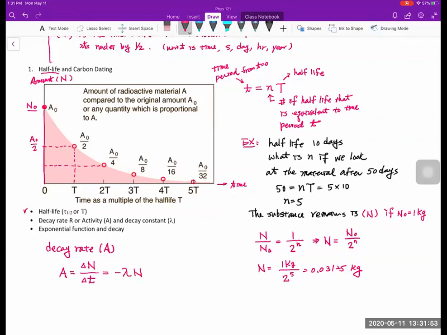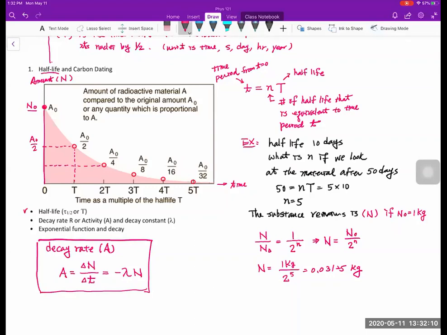This is another equation you have to pay attention to. This decay rate is defined by this. The decay rate is not a constant.